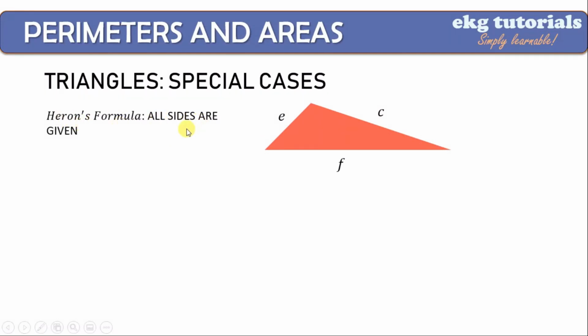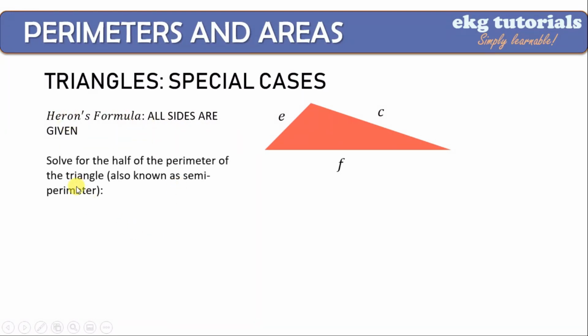Again, when all sides are given. So ano itong Heron's formula? So basically, first is you solve for the half of the perimeter of the triangle. Okay? Which is also known as semi-perimeter, or meaning, semi means one half. So half ng whole perimeter ng ating triangle.